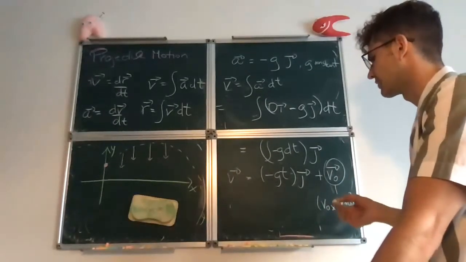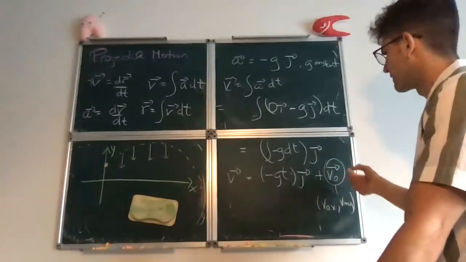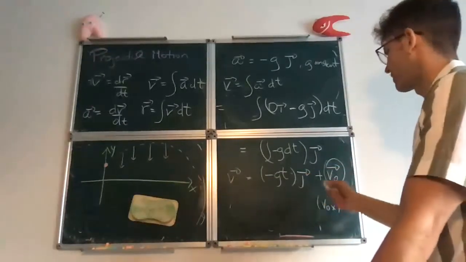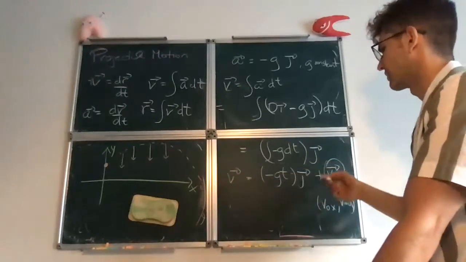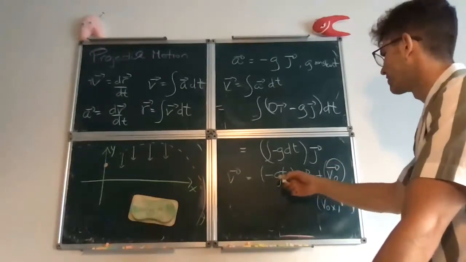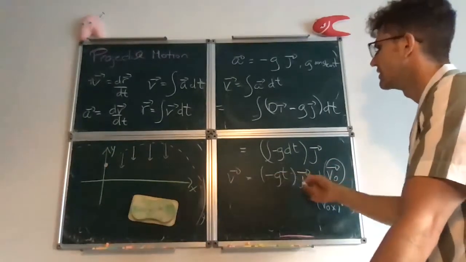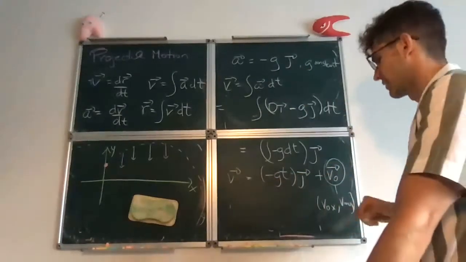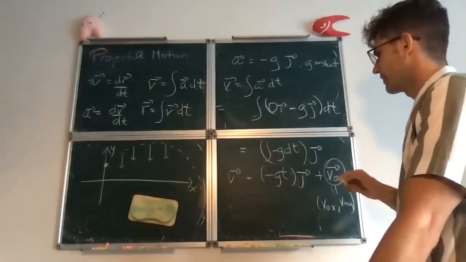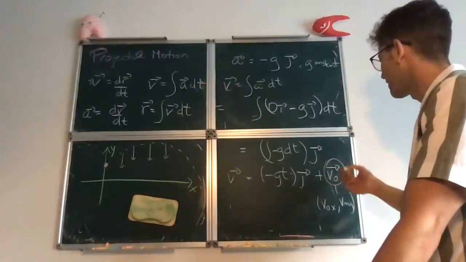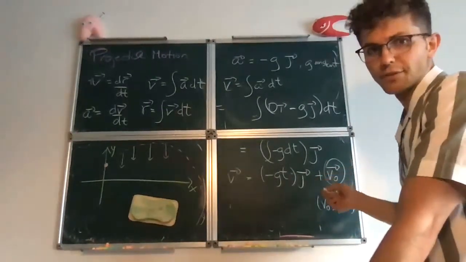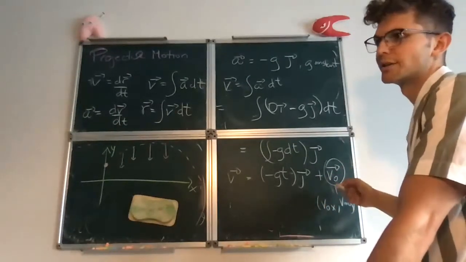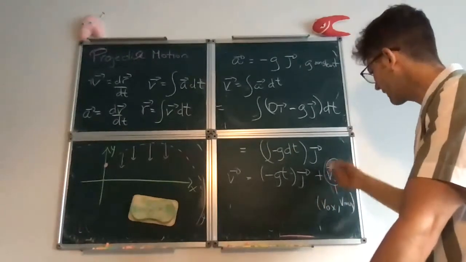So the reason why this works is because when you take the derivative of this vector function, then you get minus gj, which is what you had there. Okay, so the only thing that you have to be careful of is to put a constant of integration after you do the integral, but just keep in mind that this constant of integration is really a vector.